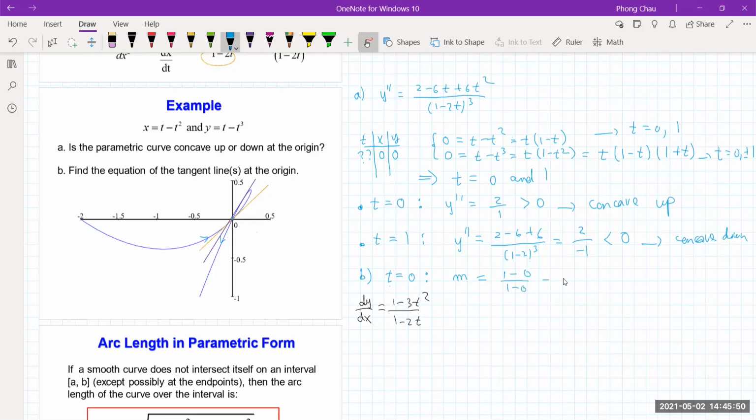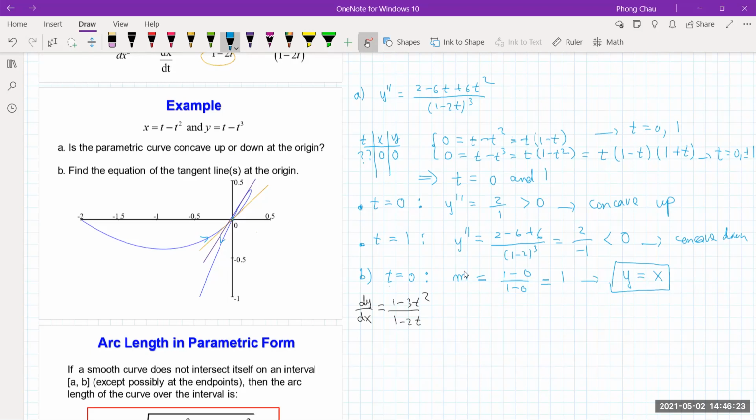See, the slope is 1. So the slope of the tangent line there is 1. And since it goes through the origin, the intercept is 0. And therefore, the equation of the tangent line is just y equals 1x, plus the intercept 0. And that's it. And you see that this is the slope of the tangent line. It's actually a 45-degree line.